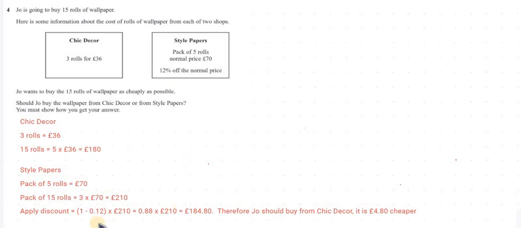Okay, now some people might decide to go 12 percent of 210 first, and then subtract that from 210 to get the discounted price. But I just needed the discounted price, so I didn't solve for the reduction.